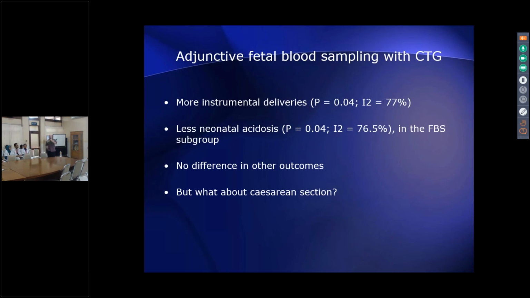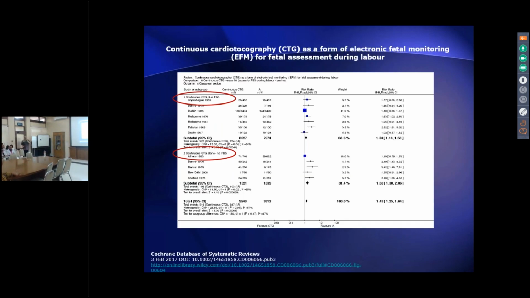So remember that most guidelines that I'm aware of recommend the use of fetal blood sampling during labour as an adjunct to CTG. Yet in our review, this is what we found. And look at this Cochrane review here. Look at this forest plot. This is our findings for cesarean section rate for women, CTG with fetal blood sampling and CTG alone, no fetal blood sampling.